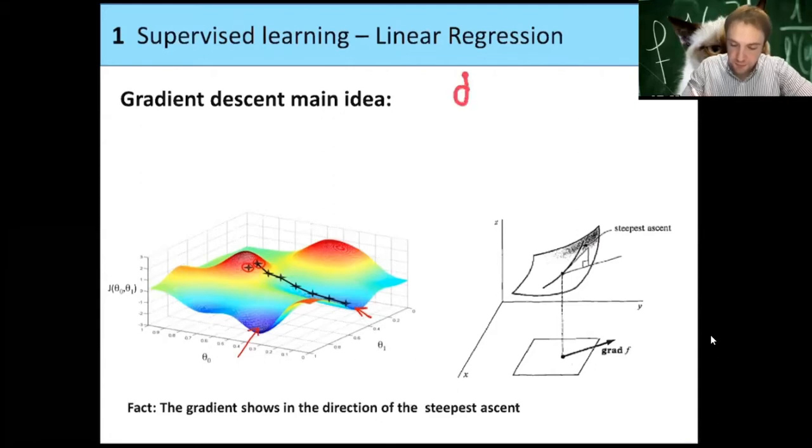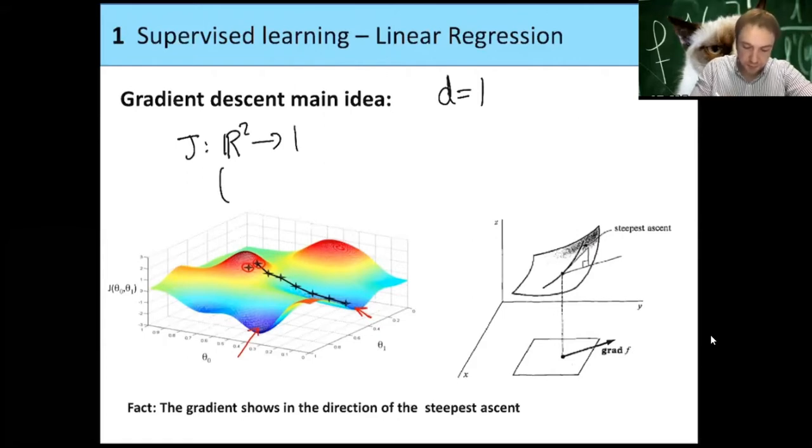Here we can see the case d equals 1. So this J is a function from R^2 to R. As an input, this gets some theta 0 and theta 1 and sends it to the cost function.